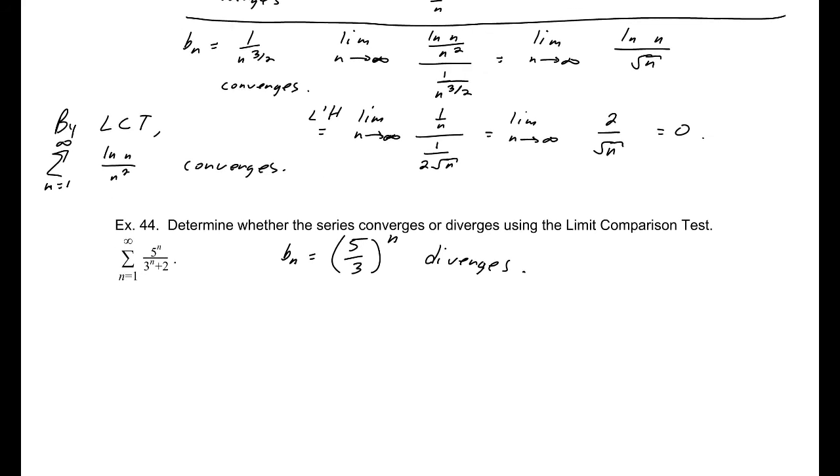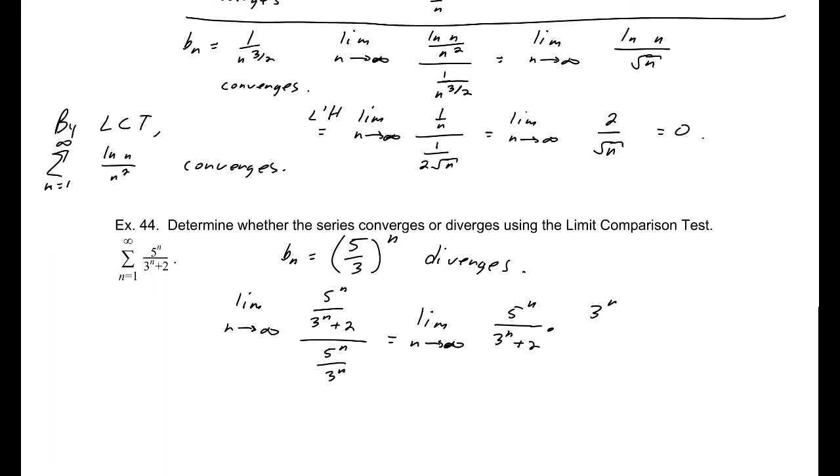So let's compare these two, again, term by term. So we have 5 to the n over 3 to the n plus 2 over 5 to the n over 3 to the n. That will be 5 to the n over 3 to the n plus 2 times 3 to the n over 5 to the n.